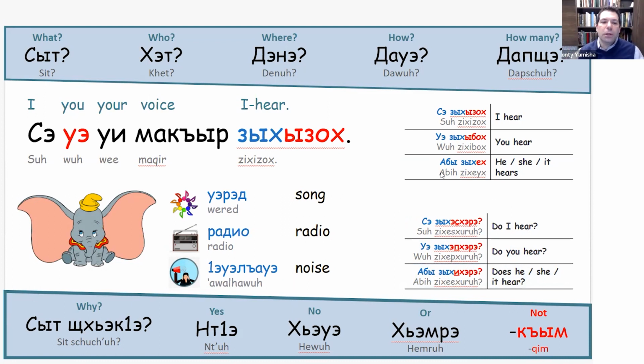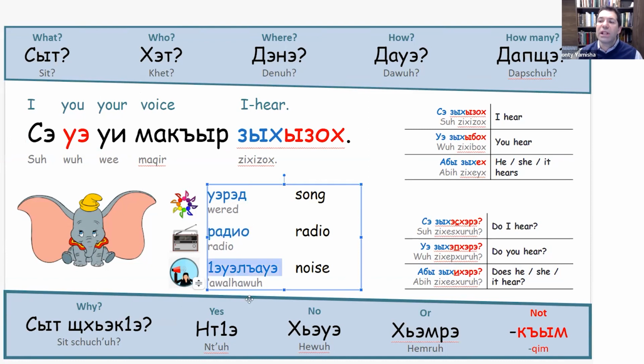Okay. So sa we maqr zichizoch. I hear your voice. Maq is actually sound, but it also means voice. Sa red zichizoch. I hear a song. Sa radio zichizoch.